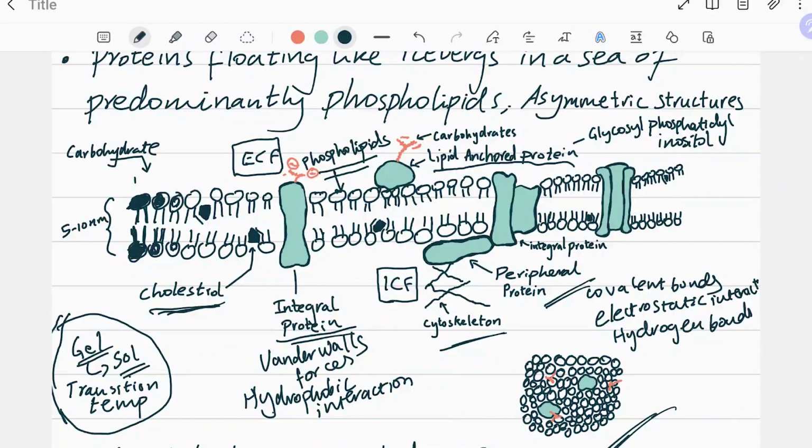I want you to know that mostly these transmembrane proteins, these integral proteins, make up your transporters or ion channels, or they make up receptors which carry a signal. They sense some chemical from the outside, or a change in voltage, and they pass the signal to the inside of the cell.